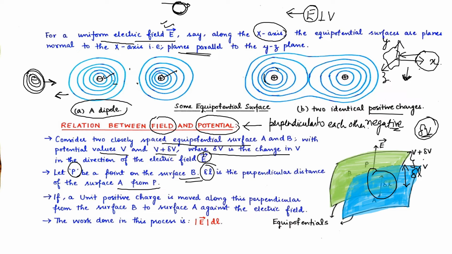Now if a unit positive charge is moved along the perpendicular from surface B to surface A against the electric field, we are coming from our surface B to surface A like this, and this is perpendicular to the surfaces, but is against the electric field.